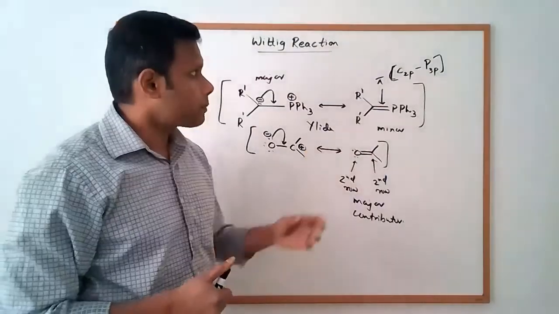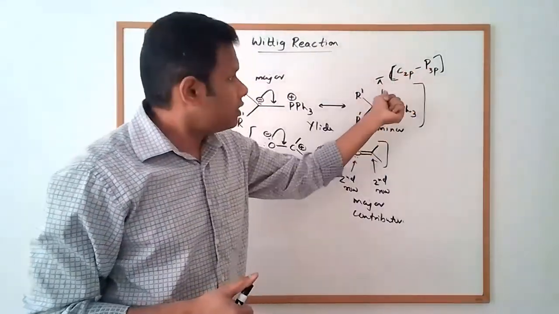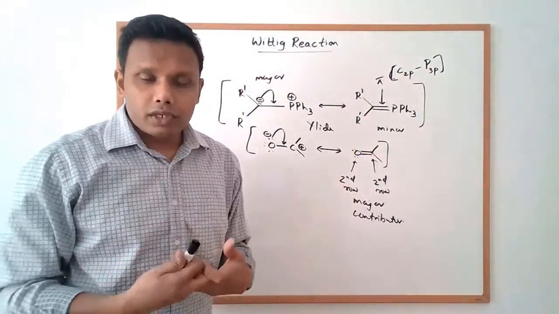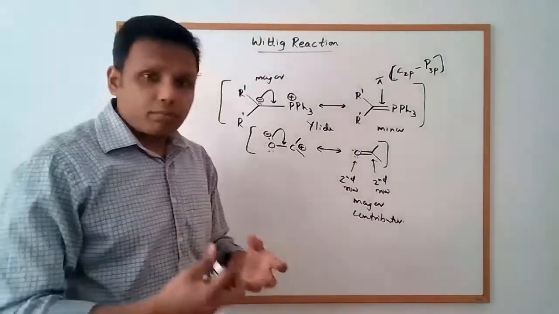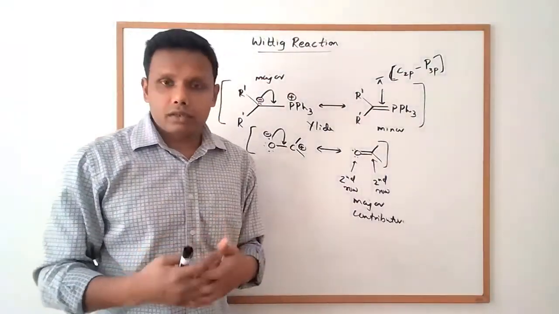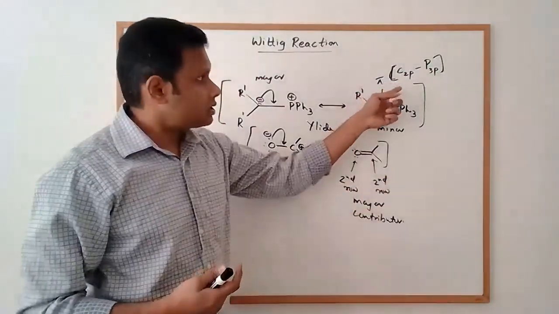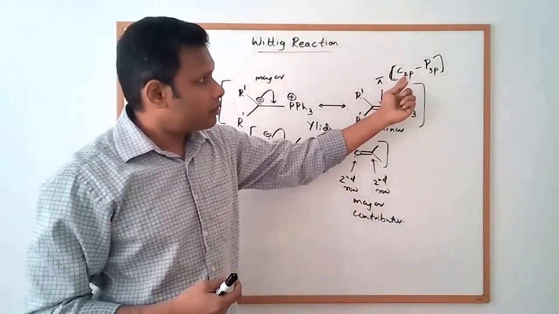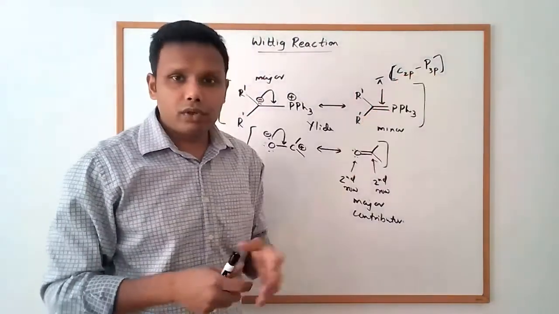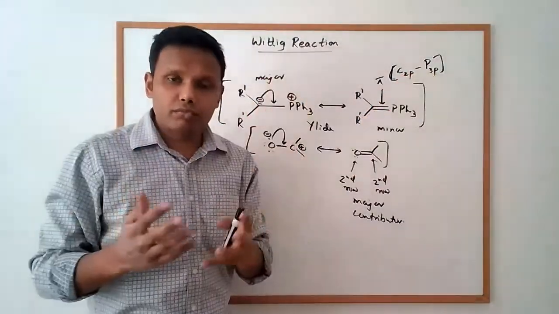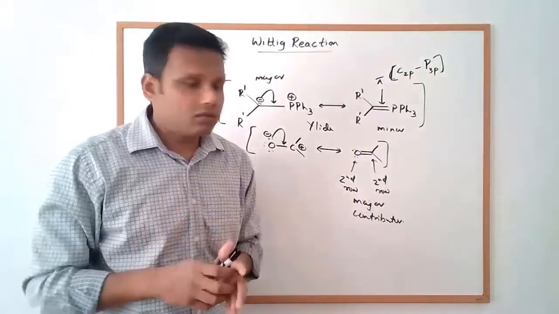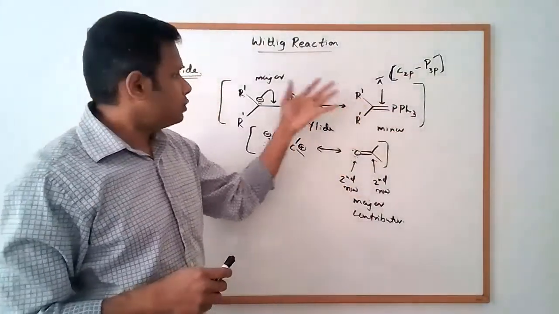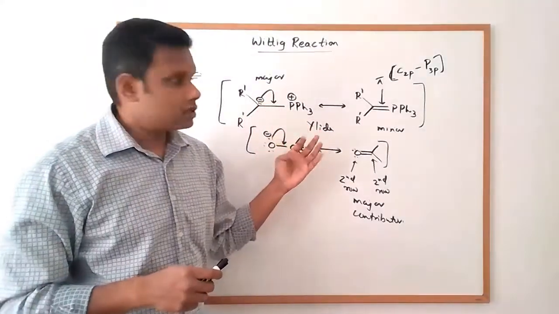For that reason, this pi bond is not a very strong bond. It is relatively weak. Pi bonds in general are weaker compared to sigma bonds, but this pi bond, formed by the overlap of a 2p orbital with a 3p orbital, is weaker still. The 3p orbital is bigger, more diffuse, which makes the bonding weaker. Because of that, this structure is not a major contributor to the resonance here.